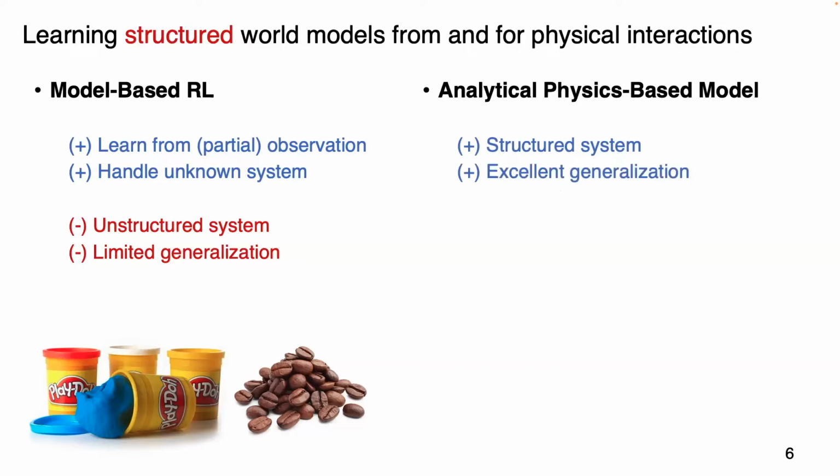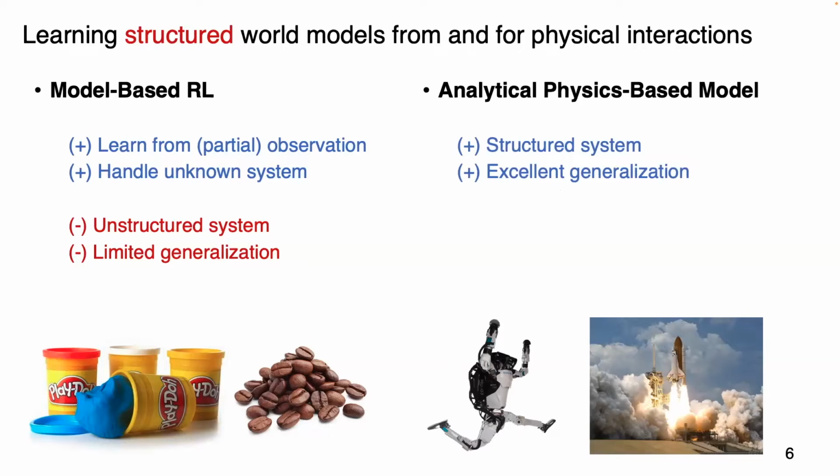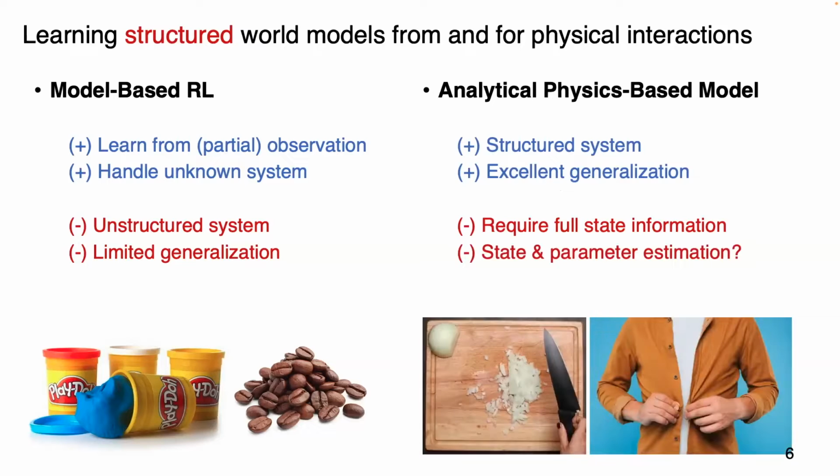It is also extremely useful in constructing models, for example, for Boston Dynamics robots and rockets. However, such physics-based models rely on the assumption that full state information is available, which is often not the case for complicated physical interaction tasks. For example, in the onion piece manipulation task, estimating the states of each and every one of the onion pieces is very hard and sometimes impossible.